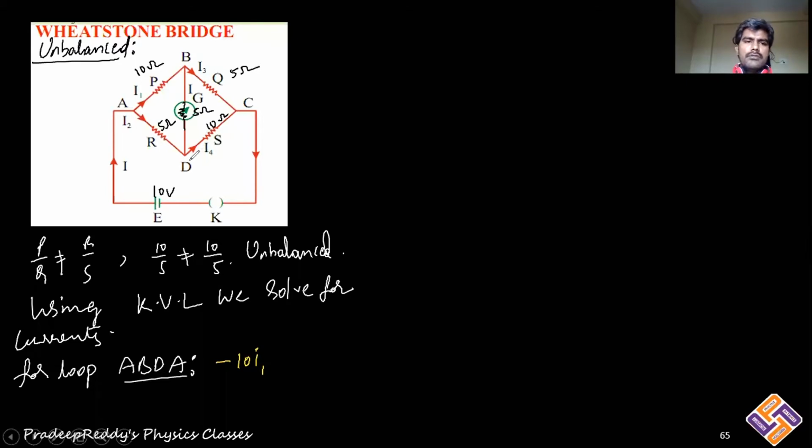So I am considering that current is coming in the downward direction and IG is in the downward direction. Therefore here minus 5 IG plus 5 R is equal to 0. This is for loop ABDA.